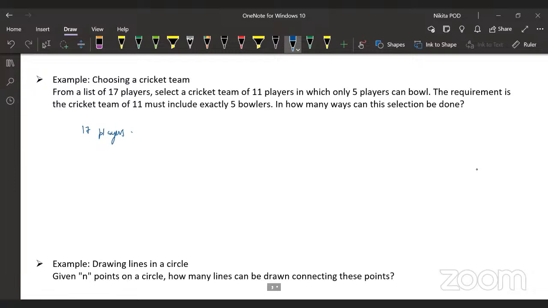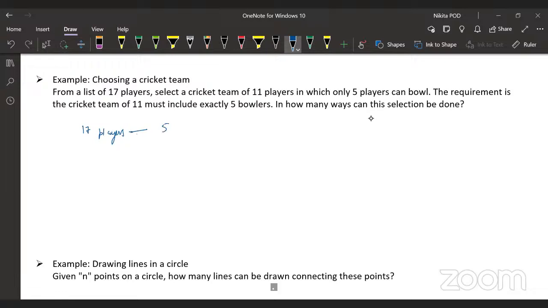And the team that you're going to select should exactly contain 5 bowlers. Is the question clear?